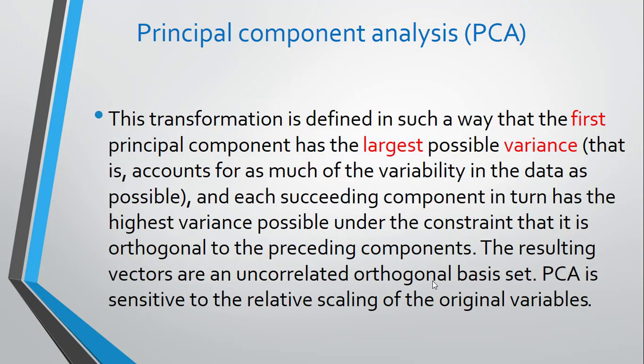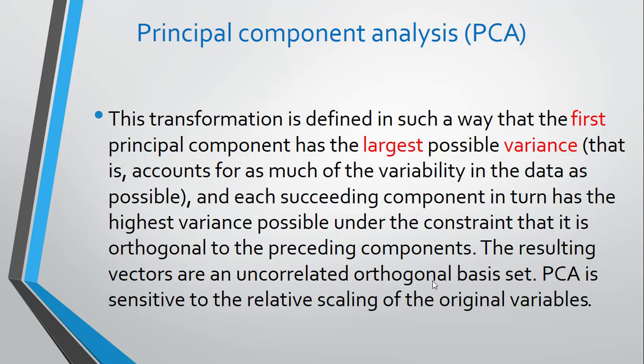Okay? This transformation is defined in such a way that the first principal component has the largest possible variance. That is, it accounts for as much of the variability in the data as possible. And each succeeding component in turn has the highest variance possible under the constraint that it is orthogonal to the preceding components. The resulting vectors are an uncorrelated orthogonal basis set.